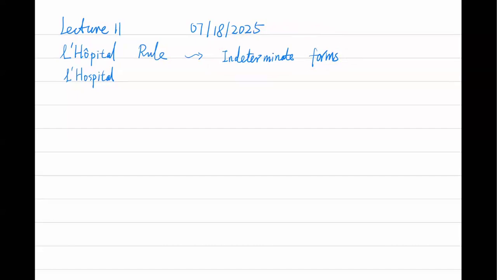So there are several types of indeterminate forms. The first type, 0/0. It means both the numerator and the denominator for the limits go to 0.